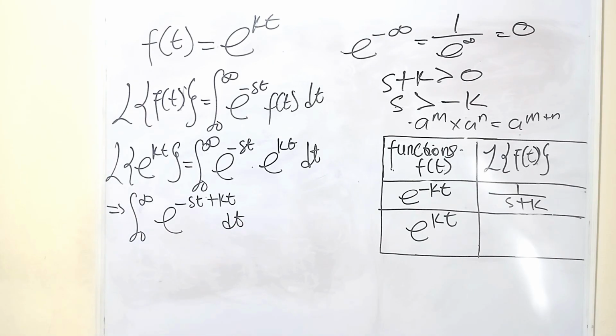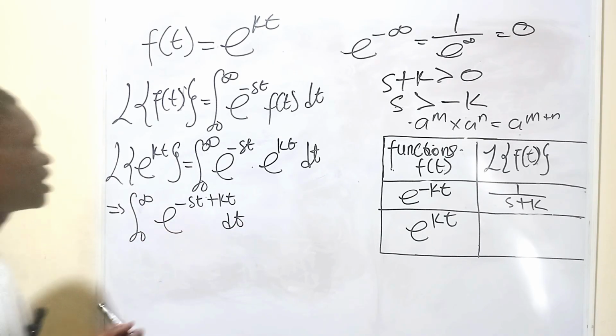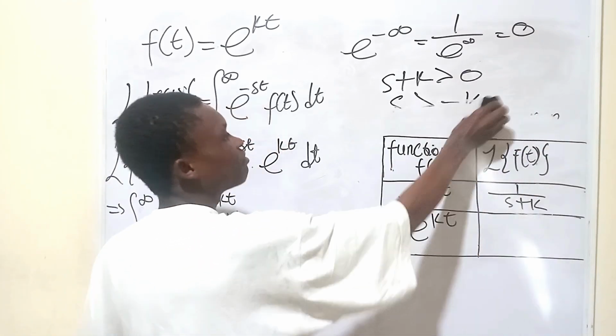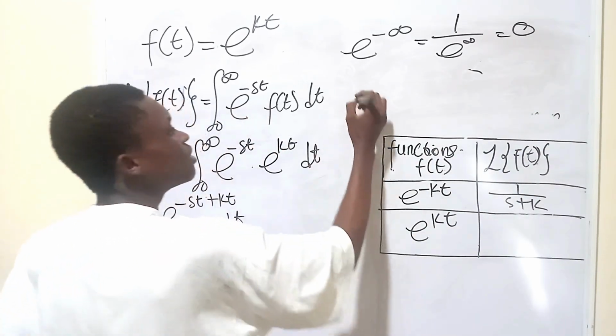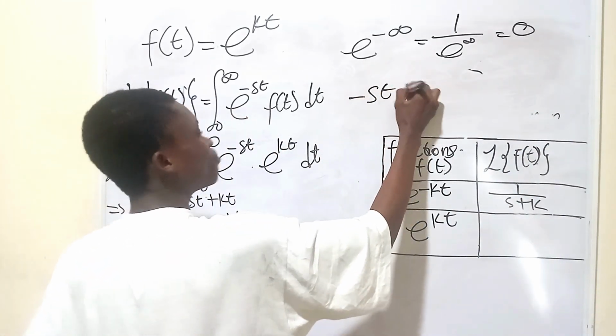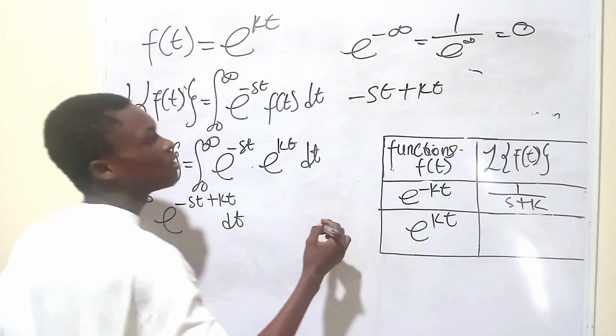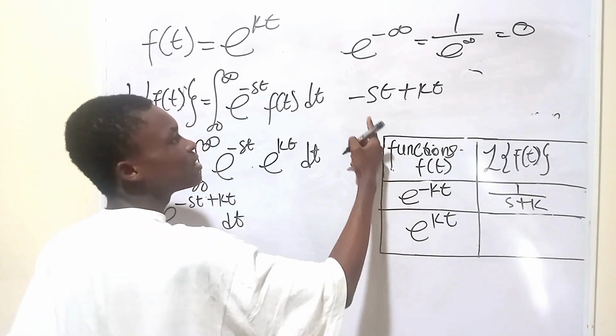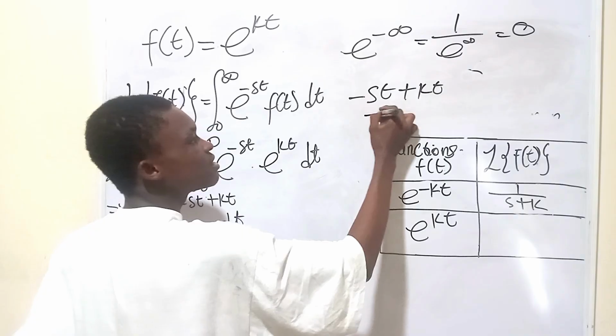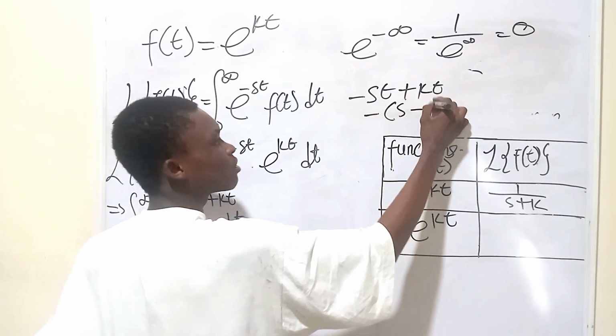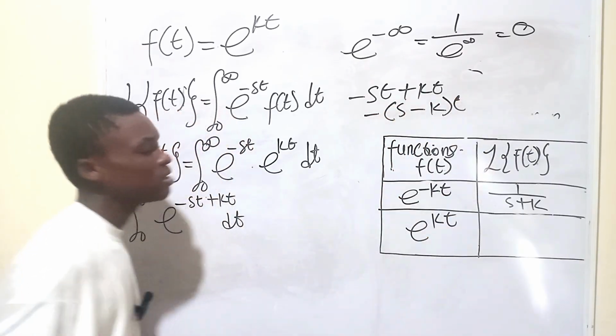So what next? Clearly, we can factorize this. If we factorize minus st plus kt, that is negative t outside, we'll have negative into bracket s minus k multiplied by t.